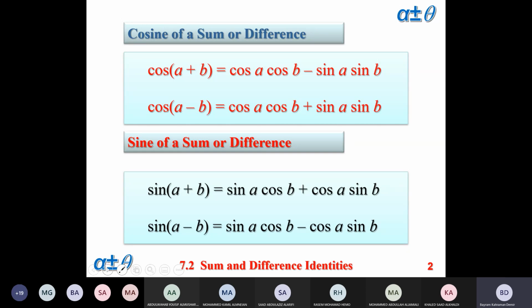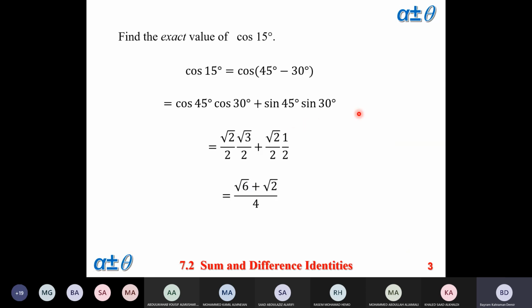Okay, for example, if somebody wants to calculate cosine of 15 degrees, that's something we didn't know before, right? Well, 15 is the difference of 45 and 30, right? 45 minus 30 is 15 degrees.